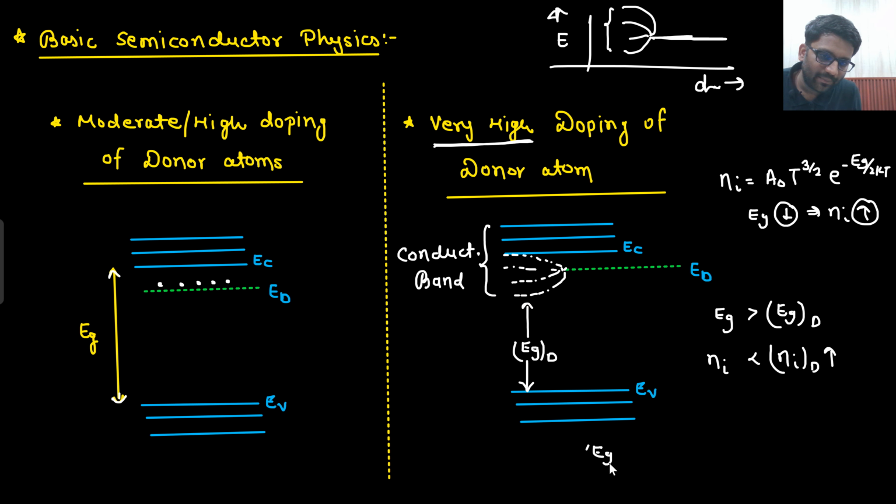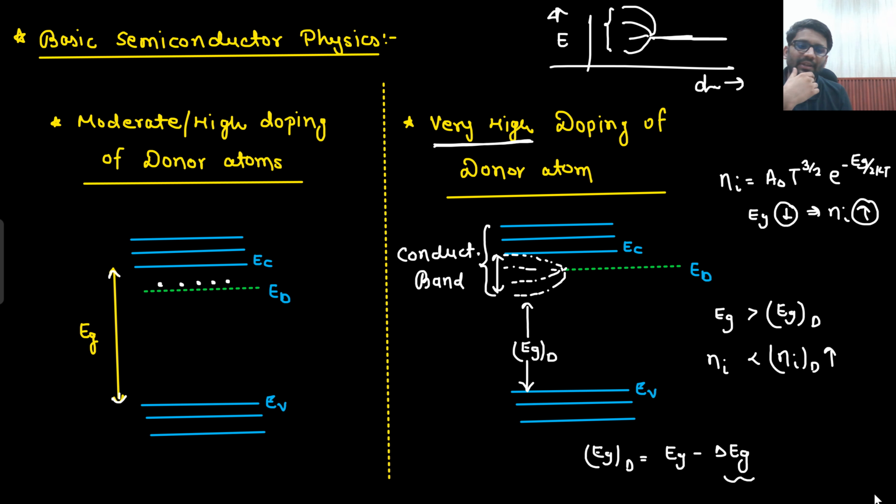So can I say my Egd is nothing but whatever the Eg was minus delta Eg? Say yes or no? So Eg minus delta Eg would be my Egd. What is this delta Eg? This is your delta Eg.